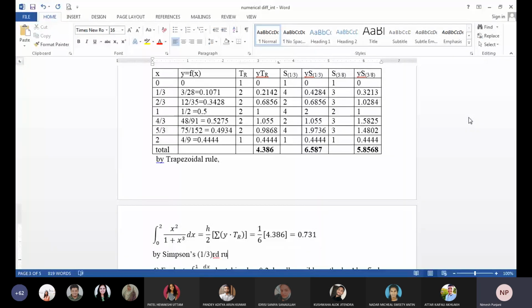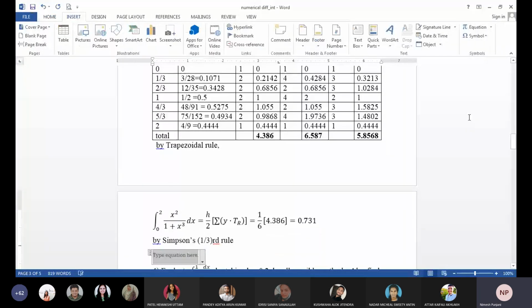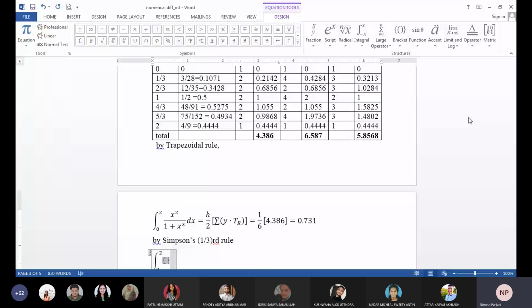Simpson's 1/3 rule. X square upon 1 plus x cube.